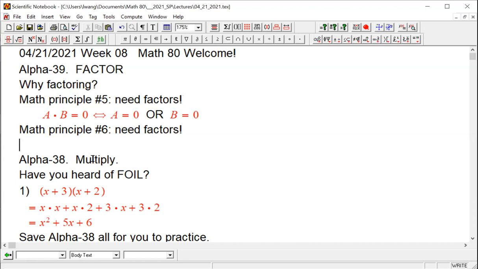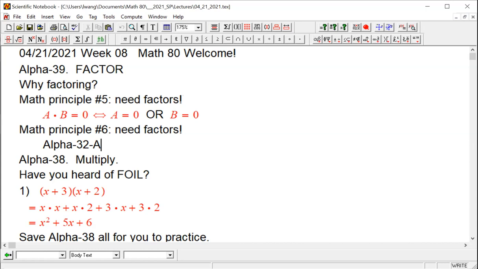We want greater than or equal to 0. So recall alpha 32a. Am I right about that number? Alpha 32a. Yeah, I think I'm right.